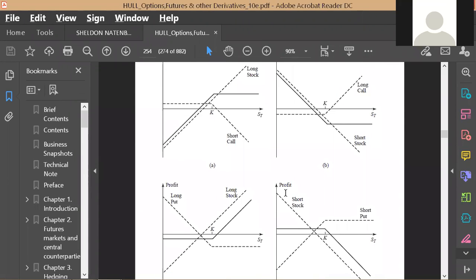Remember, this is short underlying. If I'm short underlying at K, what happens as the market price drops below K? Am I making money or losing money?